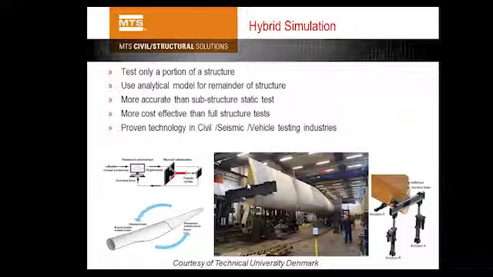But in a lot of the examples we talked about previously, especially in Dr. Dyke's talk, the MR damper is highly nonlinear and has very complicated behavior. When you give a different current level, it behaves differently. Those are the things you may not have a very reliable model for, so you test that part. That's the fundamental philosophy of hybrid simulation.